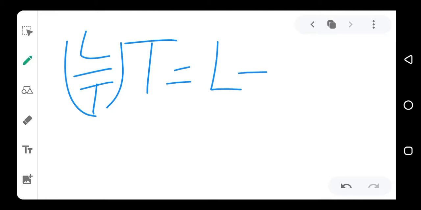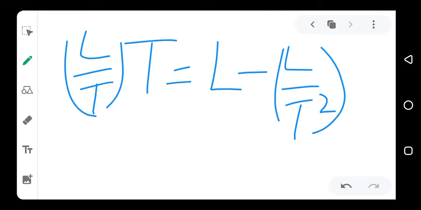Half is a coefficient here, so we ignore it and move to T. T is L over T squared, then multiplied by T squared.